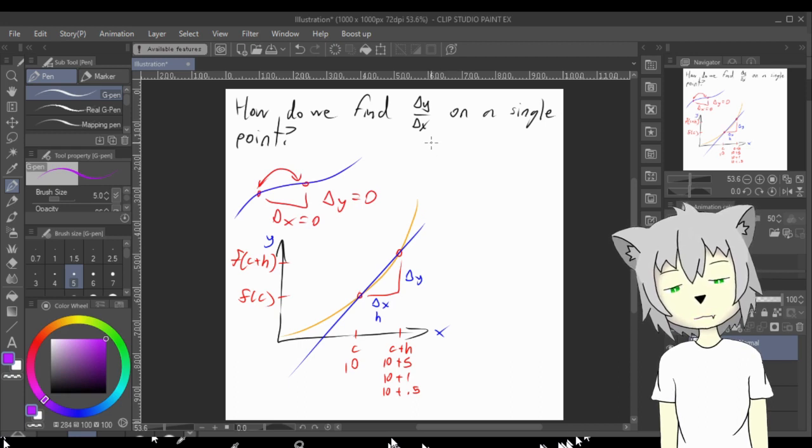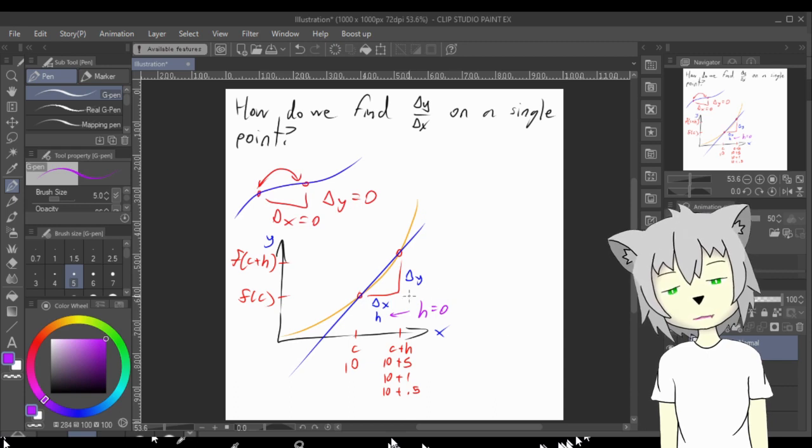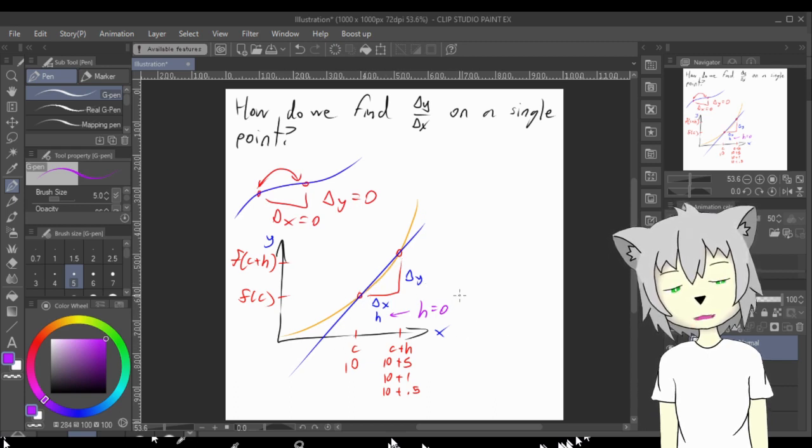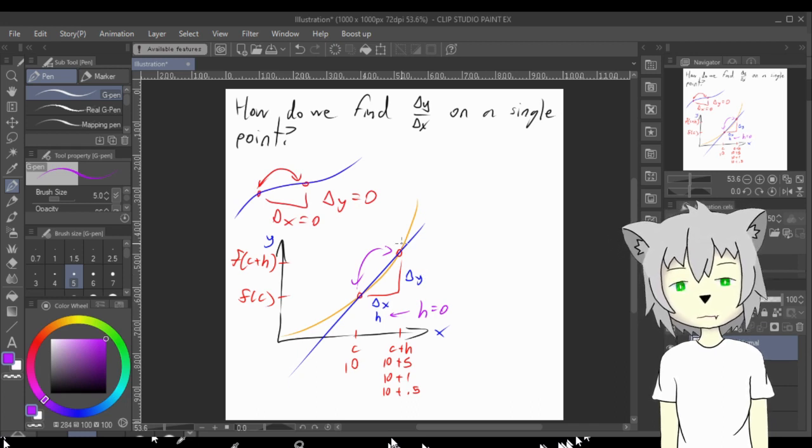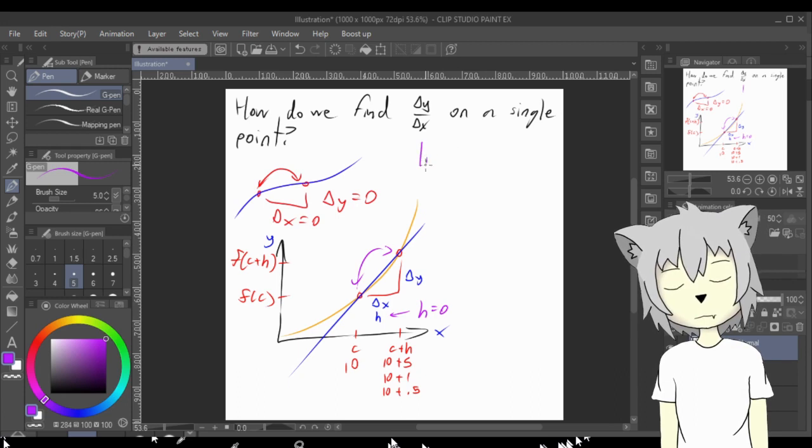The limit is basically the helpful thing here, because if h equals 0, then both of these are the exact same number, f of c is equal to f of c, and they're both the same point. But we can't really just say h is 0, otherwise we fall into the same problem, so we just make it approach 0, which is the fun thing about limits.